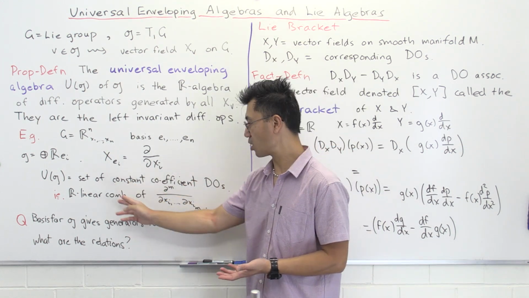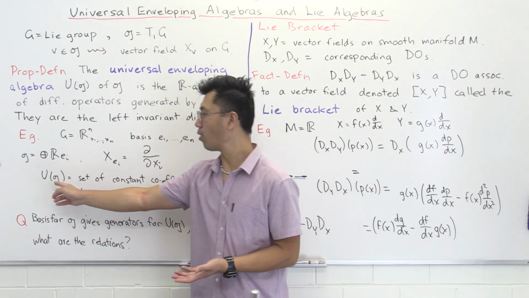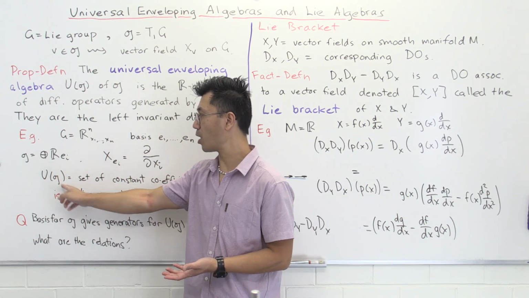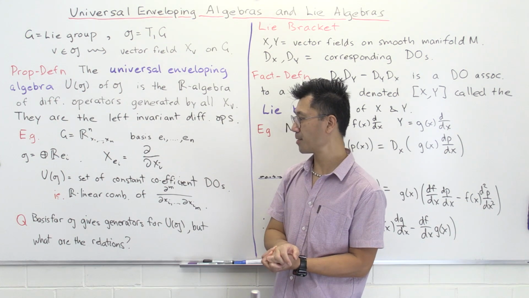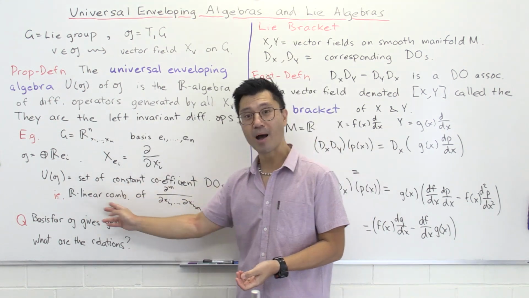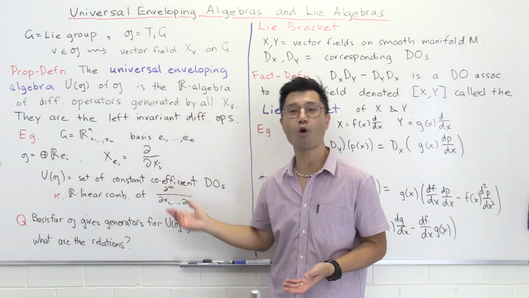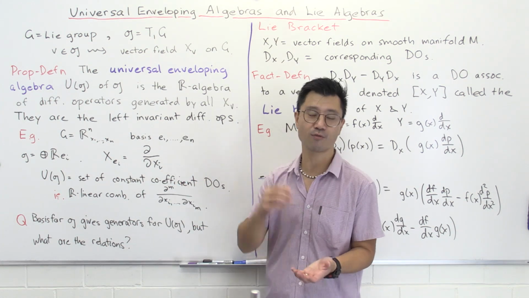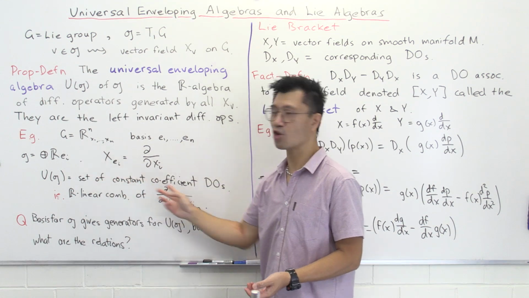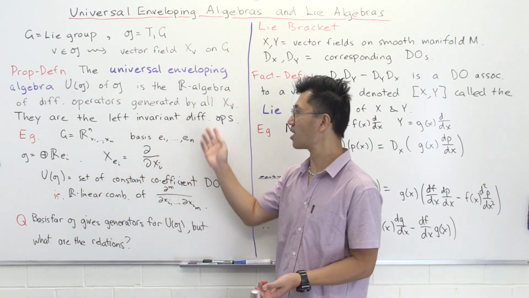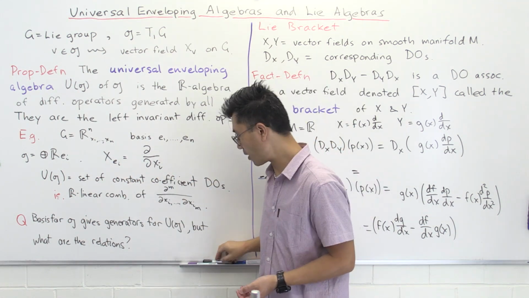So that means that you get the whole of this universal enveloping algebra of what we'll call the Lie algebra. Another way of thinking about this object here is that it's the set of all constant coefficient differential operators. And this viewpoint really suggests that it is indeed the set of all left invariant differential operators.